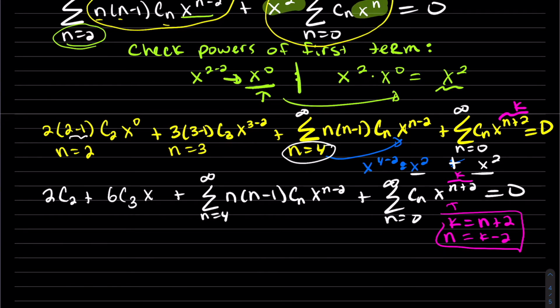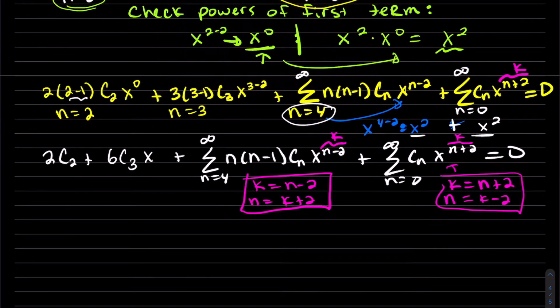And here, I want this to be k also, but we can see it's a different substitution. Here, n will be k plus 2, okay? So that's the substitution for the second summation. We want to substitute here, and n is 4, so if I put 4 in here, it's 4 minus 2, k is 2. And then the second equation, n is k plus 2.